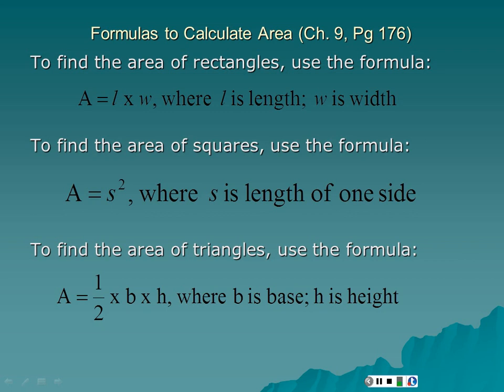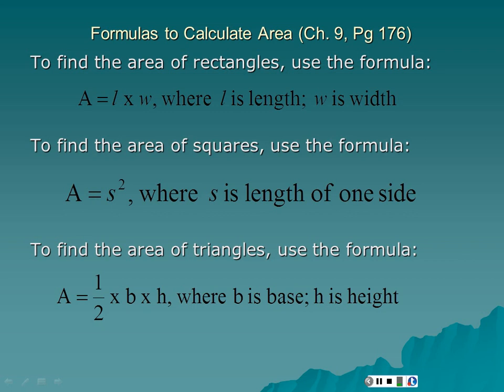For the triangle, it's a little bit tricky, because for the area calculation of the triangle, you will need the base of a triangle, and you will also need the height of a triangle. When you know the base and height, you will multiply half times base times height. Then you get the area of the triangle.